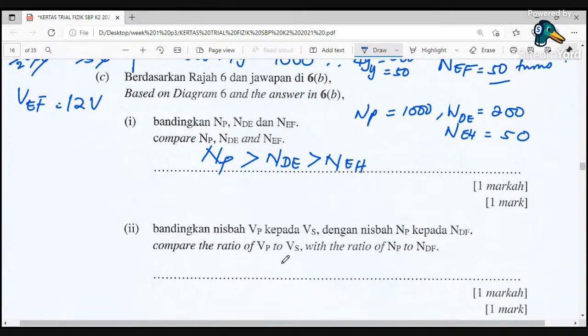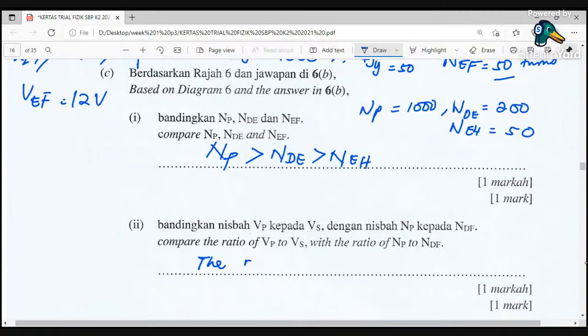Compare the ratio of VP to VS with the ratio of NP to NS. The ratio is equal.